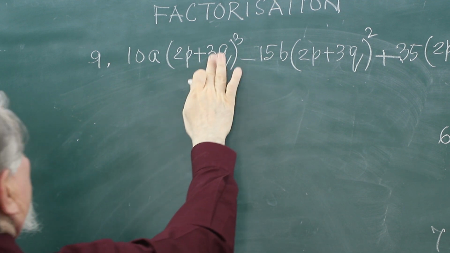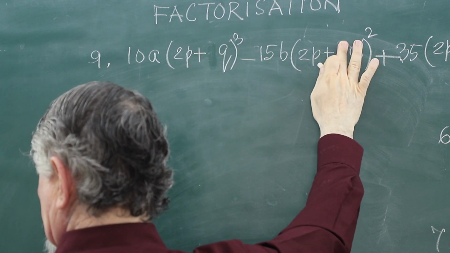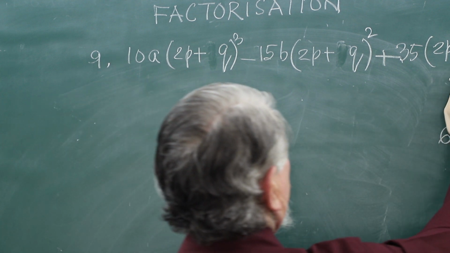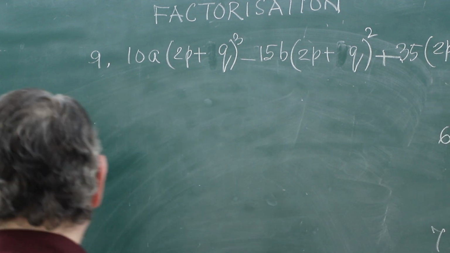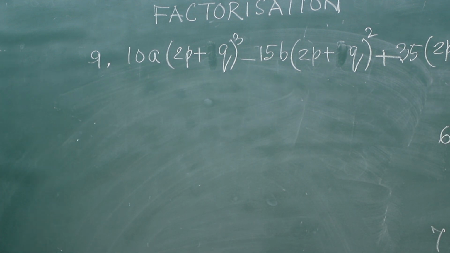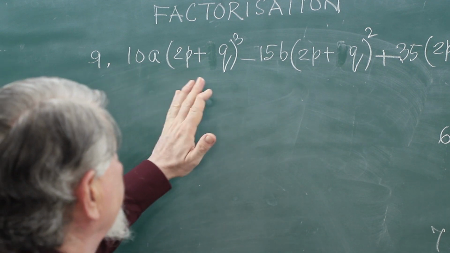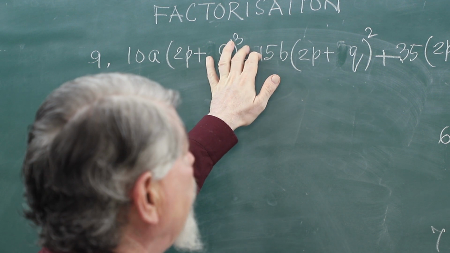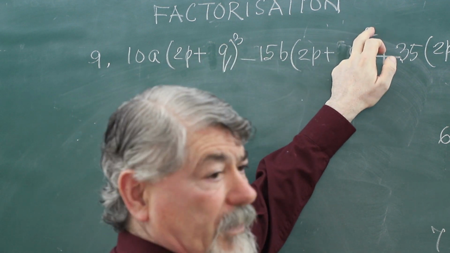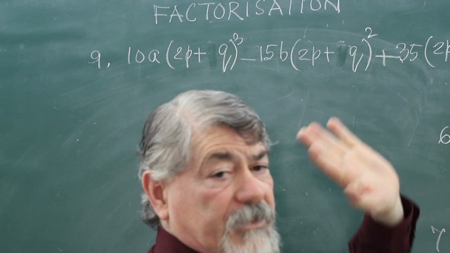It is not 3, it is q. It is (2p + q), (2p + 3q)... You can see it is power 2, okay? (2p + q)^3, (2p + q)^2, (2p + q).